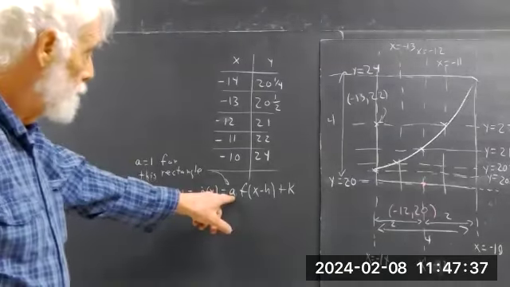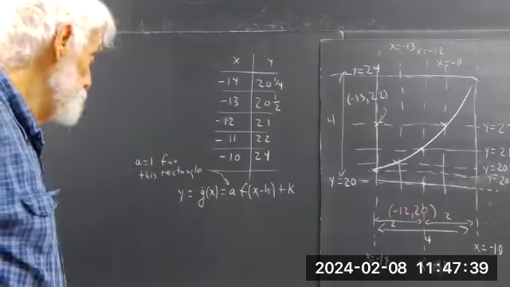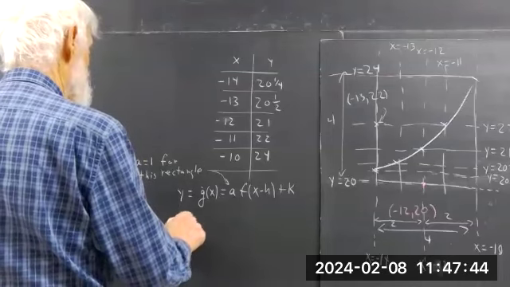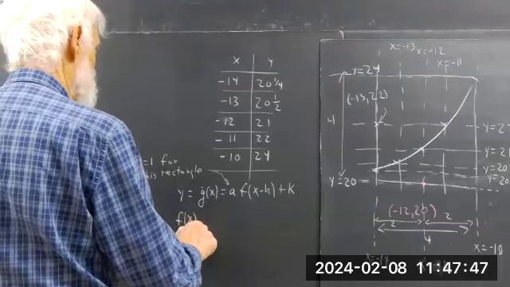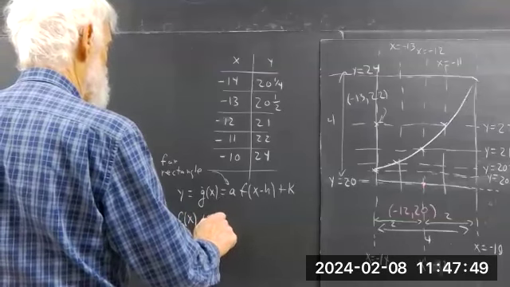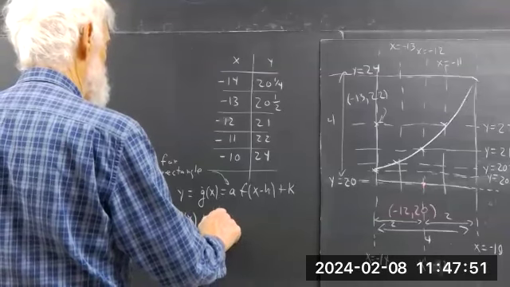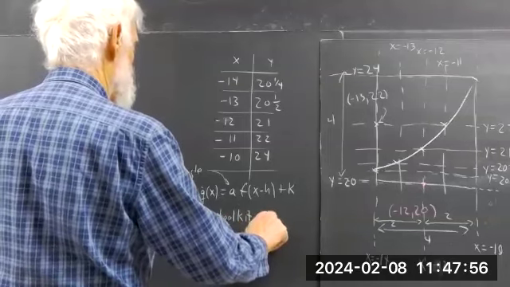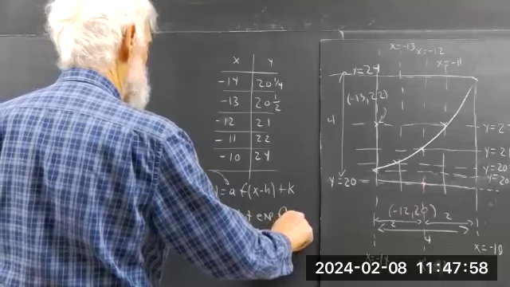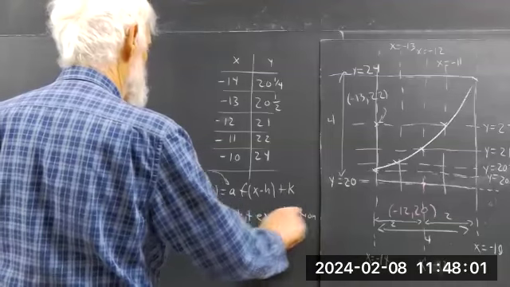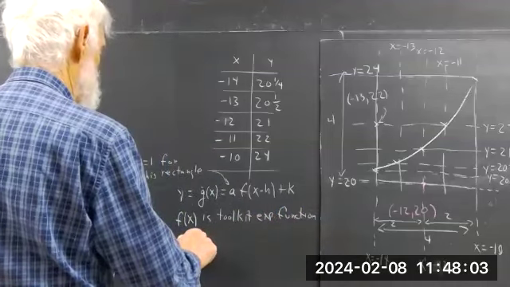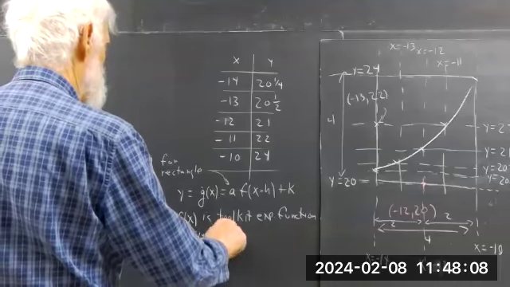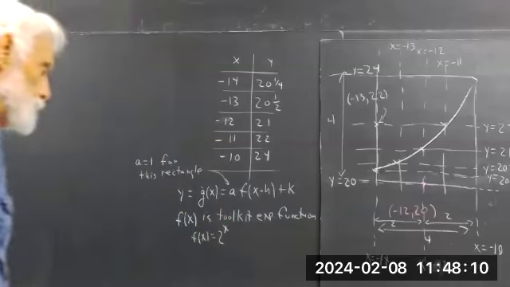And A will also always equal 1. Now, our function f of x is the exponential function. f of x equals 2 to the x.